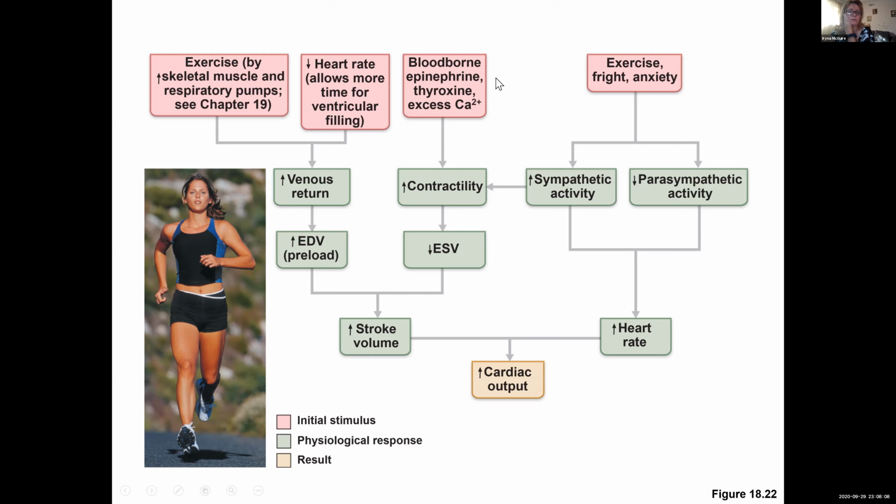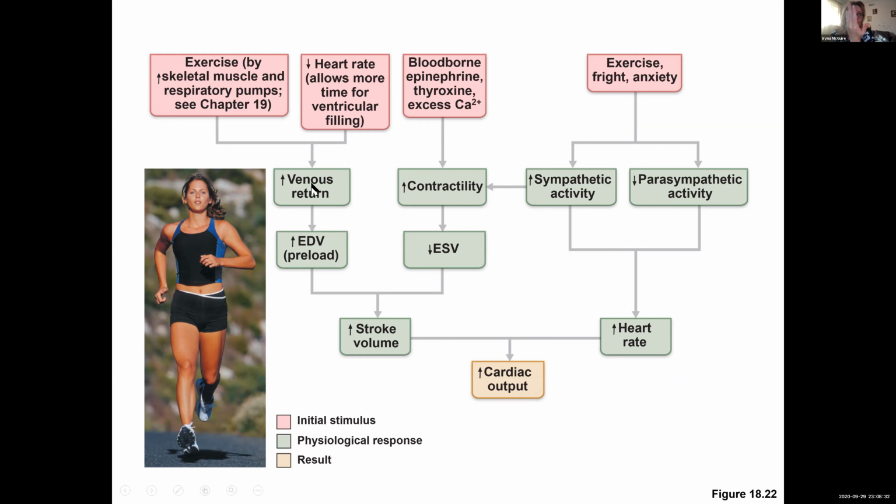Even though here we can increase heart rate, when heart rate decreases, this allows the heart to relax for a longer time. Imagine if your heartbeat is 120 beats per minute, your heart doesn't have enough time to relax, so you will have very little preload.